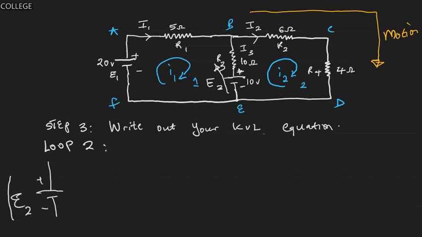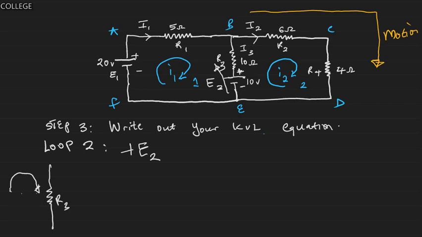We are moving clockwise, from the negative terminal of the battery to the positive terminal of the battery. We have plus E2. Now taking the second element in the circuit, which is resistor R3.